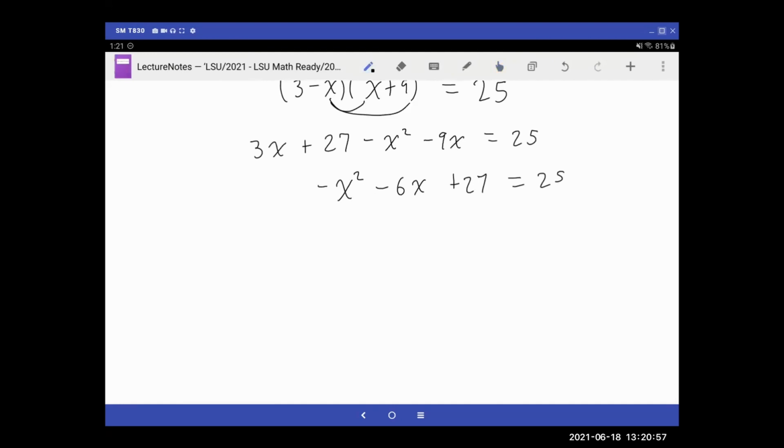To do that, I'm going to start off by moving the constant over, subtracting 27 from both sides. 25 minus 27 is negative 2. Next, I need to get this to be a positive 1 here, so I'm going to divide everything by negative 1, which just makes all my negatives positive.